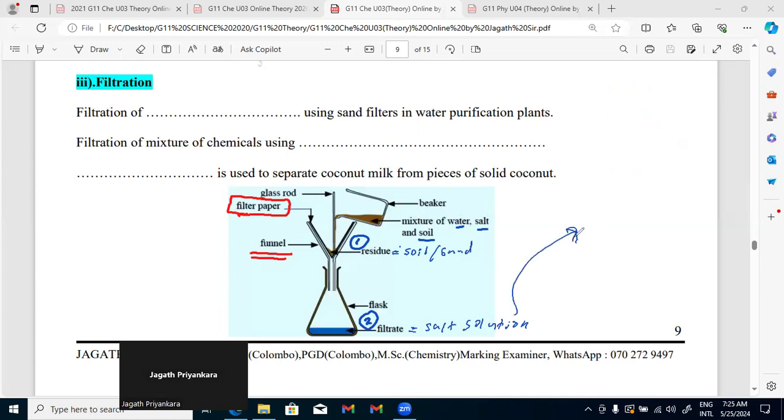I want to get pure salt. To get pure salt, what should be done? Can anyone suggest a method? What is the next separation technique we have to couple with this? To get pure salt from the salt solution, the filtrate is the salt solution. Can anyone suggest a method? Yes, students?